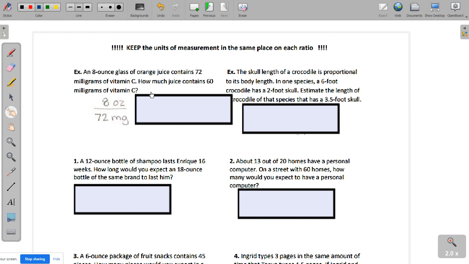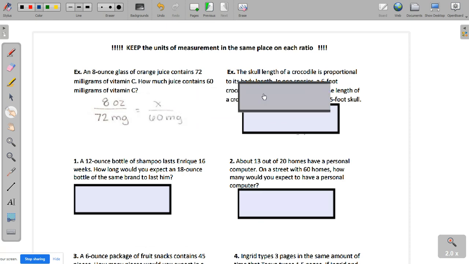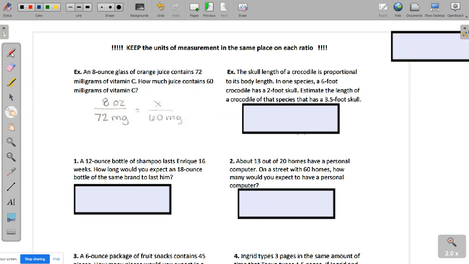So when we write our second proportion, we do not get our proportions flipped. The second part is the juice contains 60 milligrams of vitamin C. Since we have the milligrams on the bottom, we have to put our 60 milligrams on the bottom, and then we put our X on top. Now we can solve this.